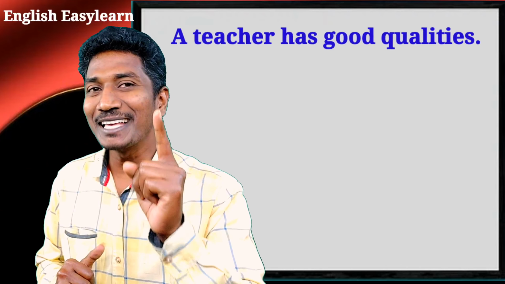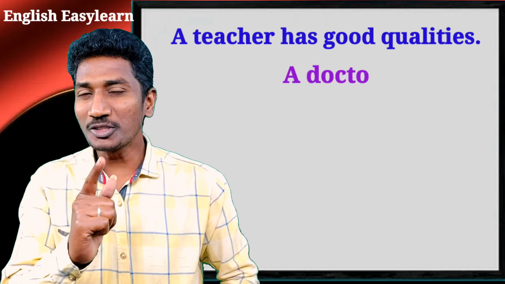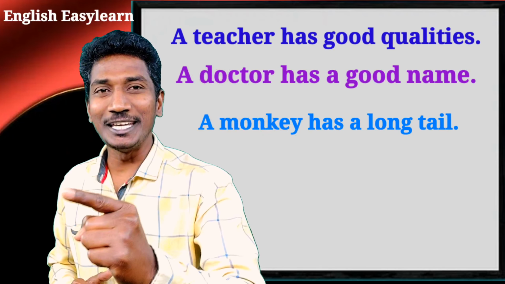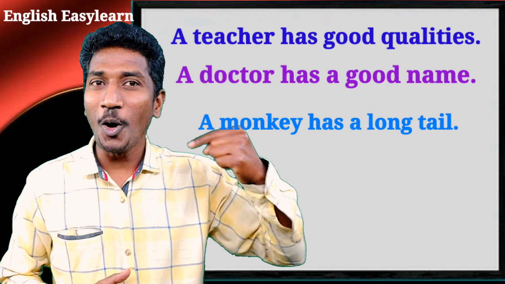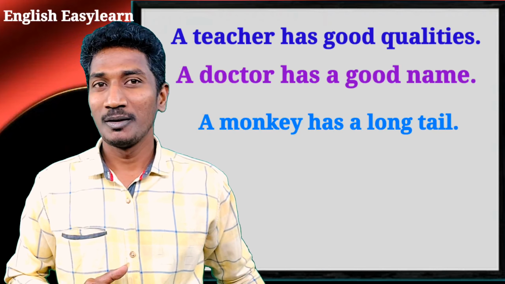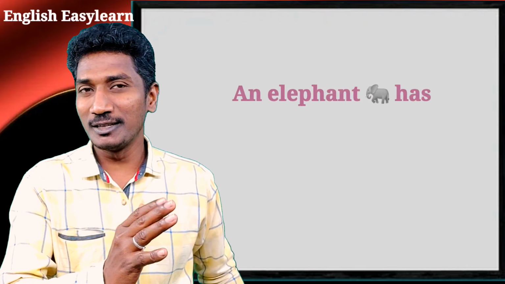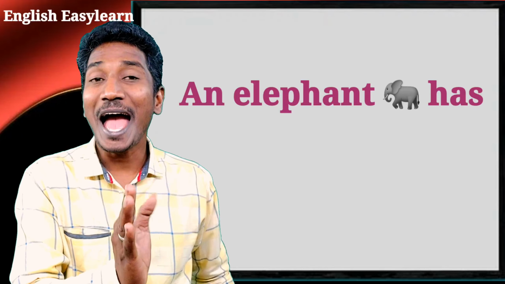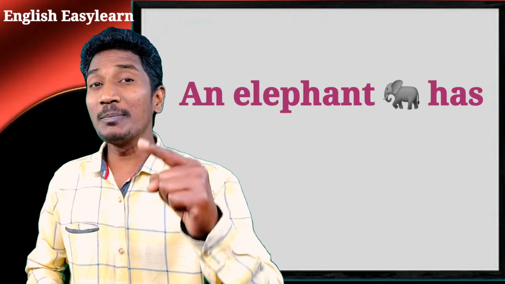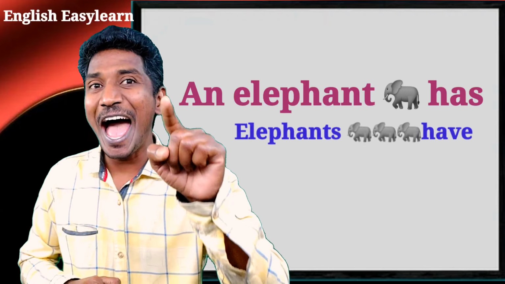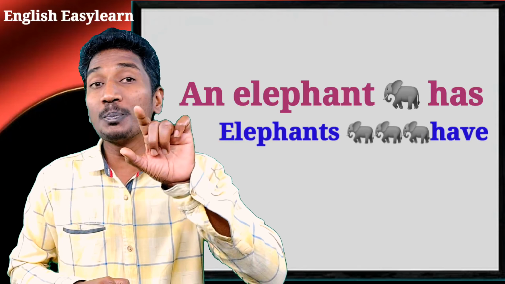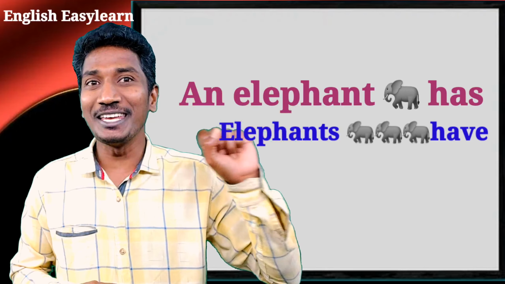A doctor has a good name. A monkey has a long tail. An elephant has a long trunk. Don't forget, an elephant has. But at the same time, elephants have. Elephants have, it goes to the pronoun they.